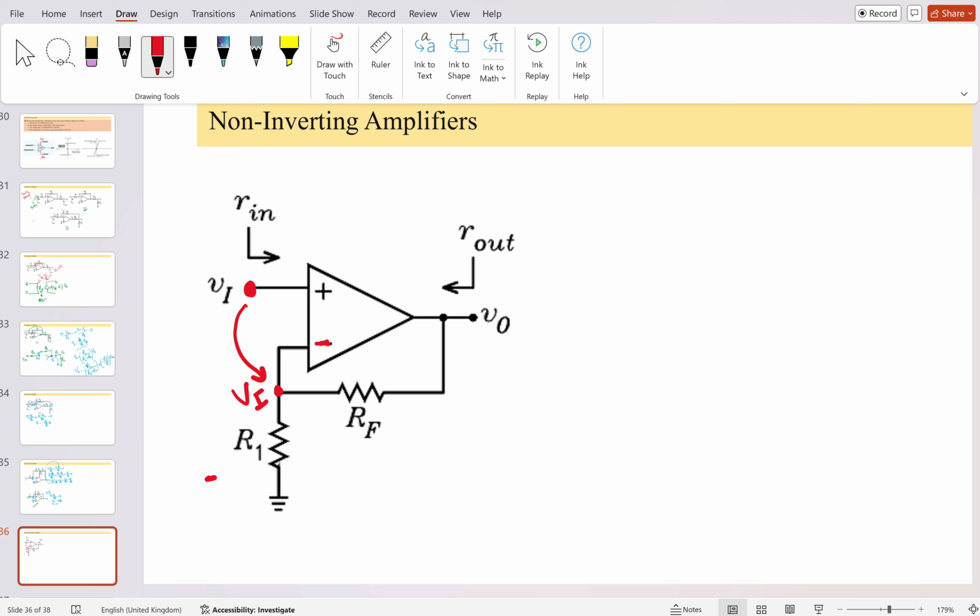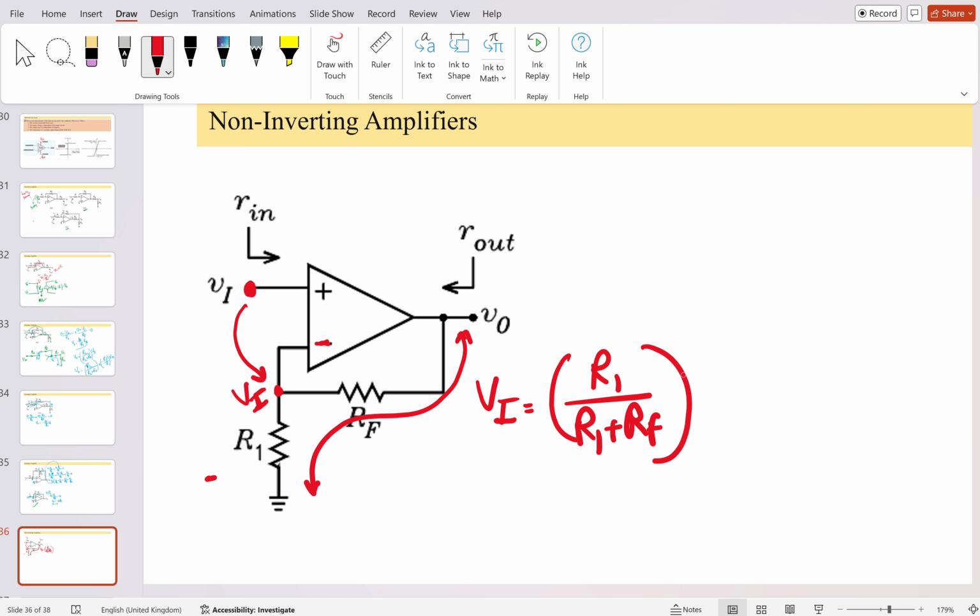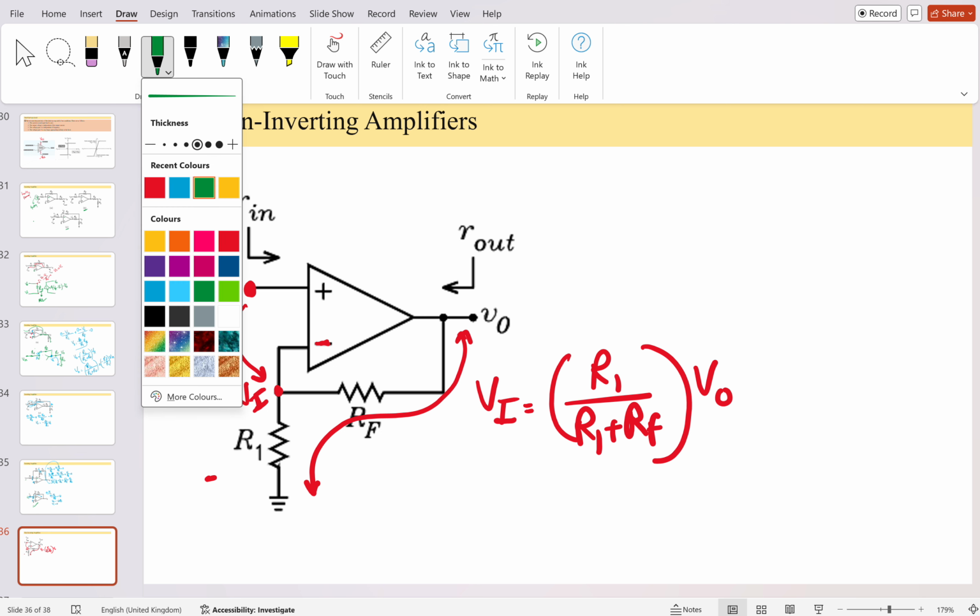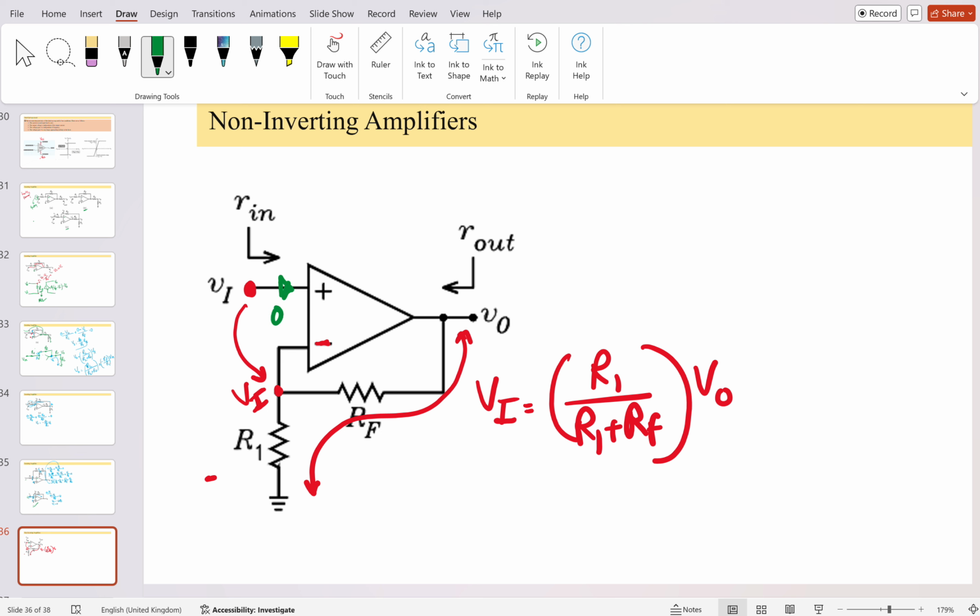Apply KVL on this network: V input is simply equal to R1 divided by R1 plus RF times V out. That is simply the voltage division principle, because the current going into this node is 0.